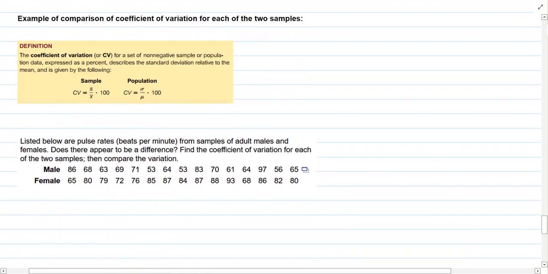All right, we're going into examples of comparison of coefficients of variation for each of the two samples.